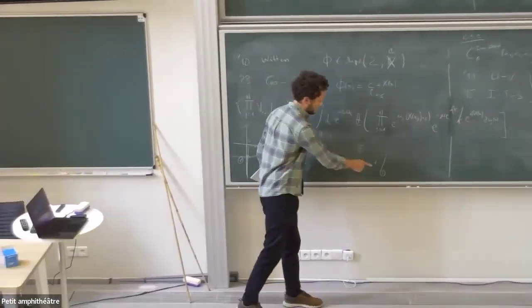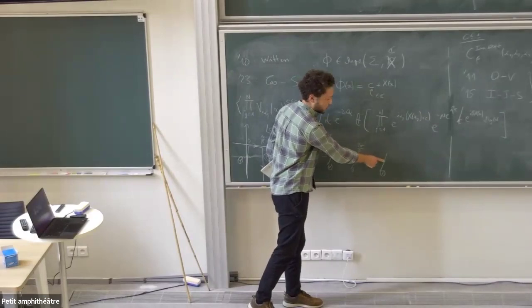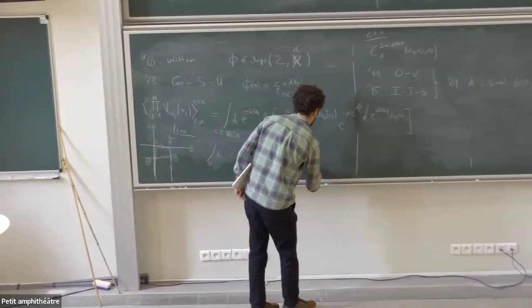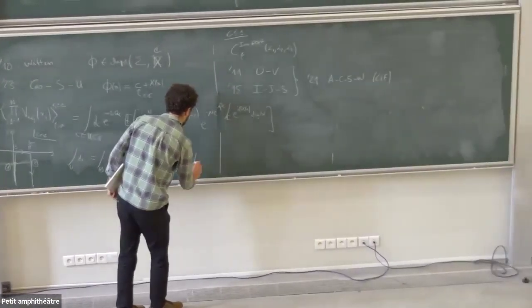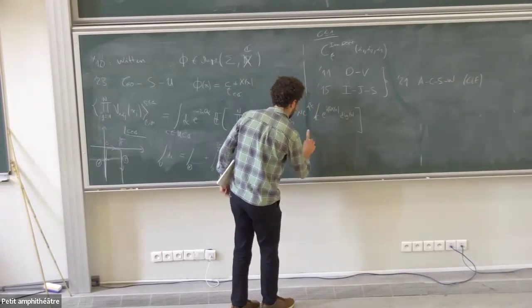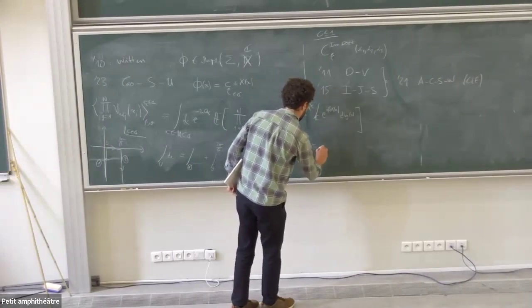And you can see that, in fact, it's really a trivial computation, that this one is proportional to that one. And the factor is just a phase, and it's related to the sum of charges.